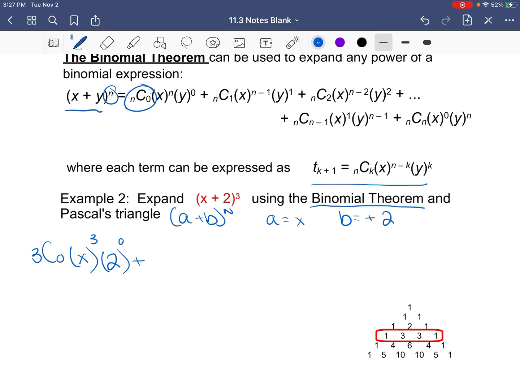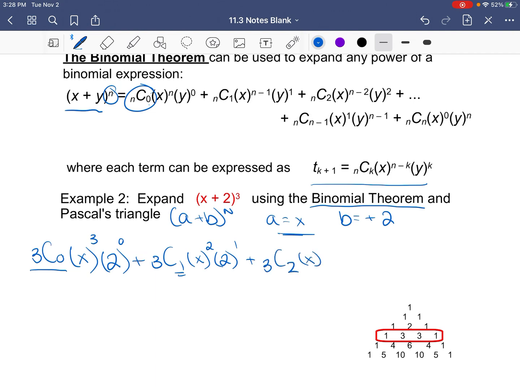For our next term, we're going to increase this, so 3c1. Our first term, our x again, is going to decrease a power by 1, and we're going to increase our second term by 1. We then add 1 to our next part, so 3c2.